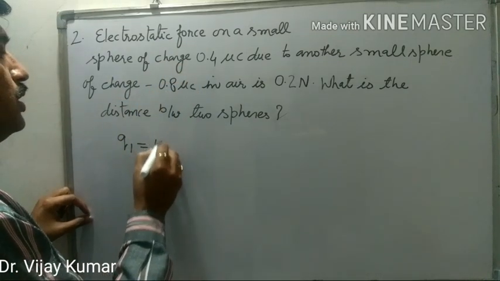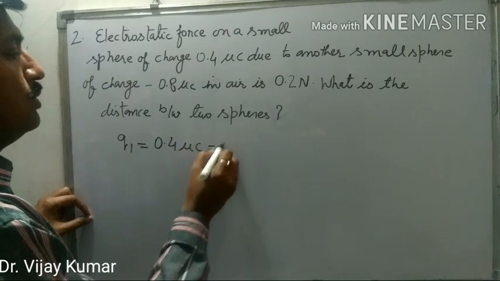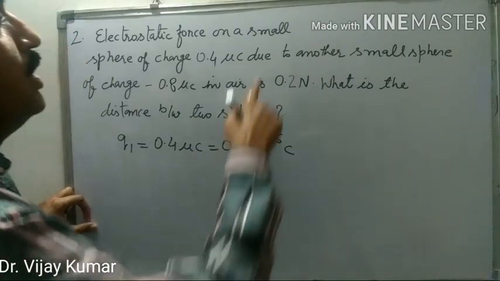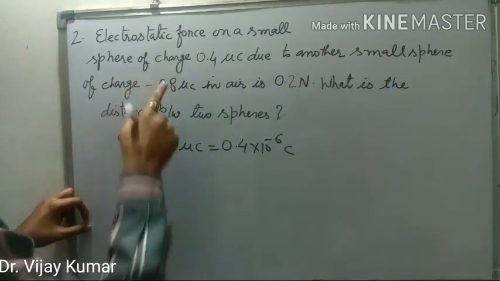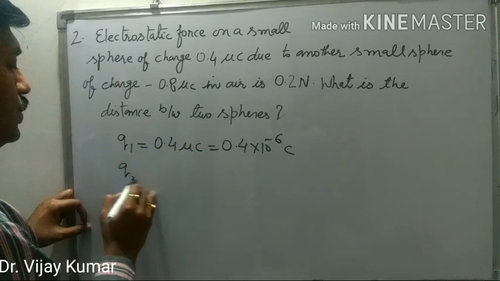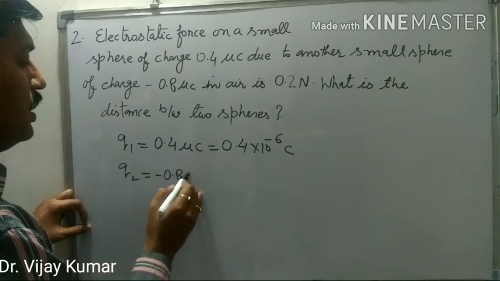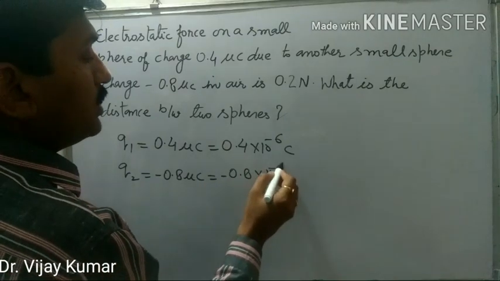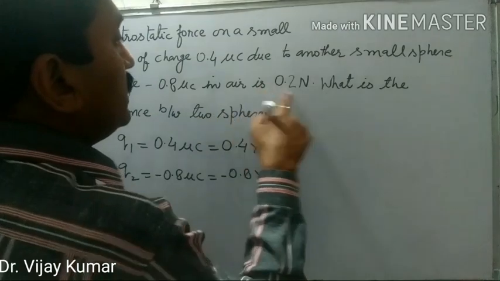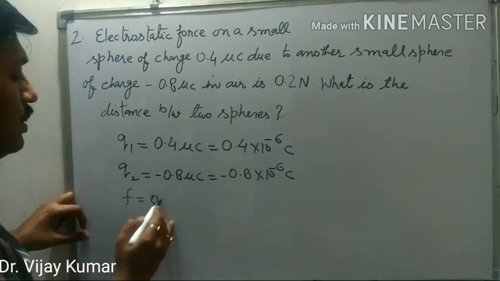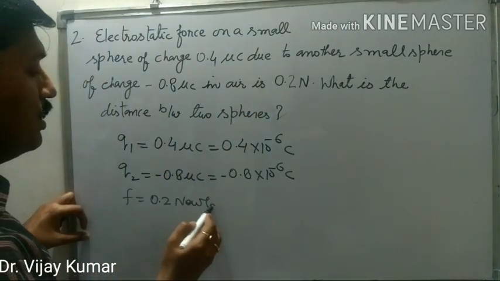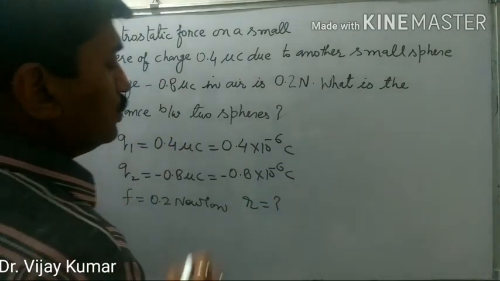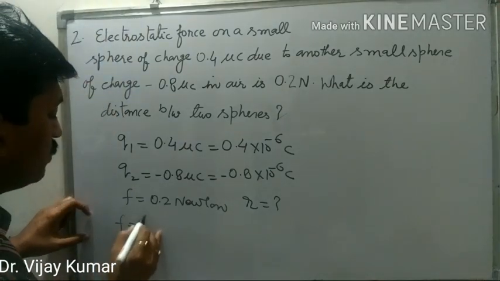We can consider Q1 as 0.4 microcoulomb, or 0.4 × 10^-6 coulomb, due to another small sphere of charge minus 0.8 microcoulomb, Q2 equal to minus 0.8 × 10^-6 coulomb, in air, is 0.2 newton. We have to determine the separation between the two spheres.